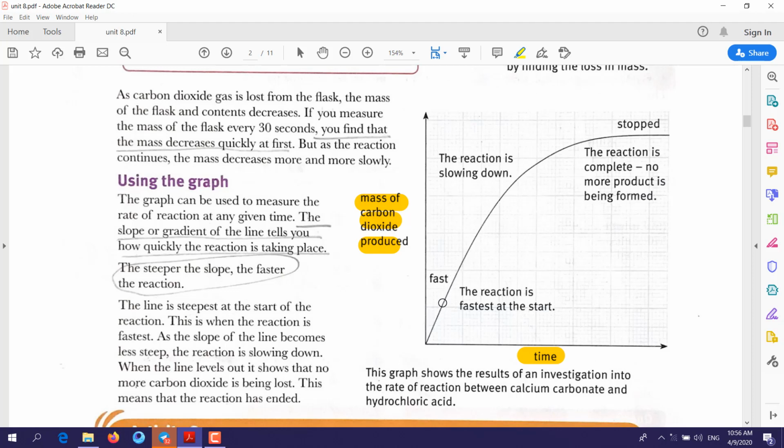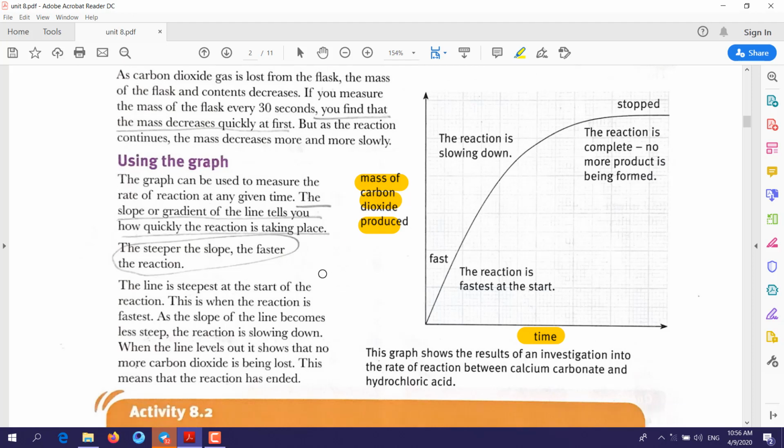But as the chemical reaction continues, what will happen? The number of bubbles, or the amount of carbon dioxide produced, will decrease. So the explanation for this: the graph can be used to measure the rate of reaction at any given time.